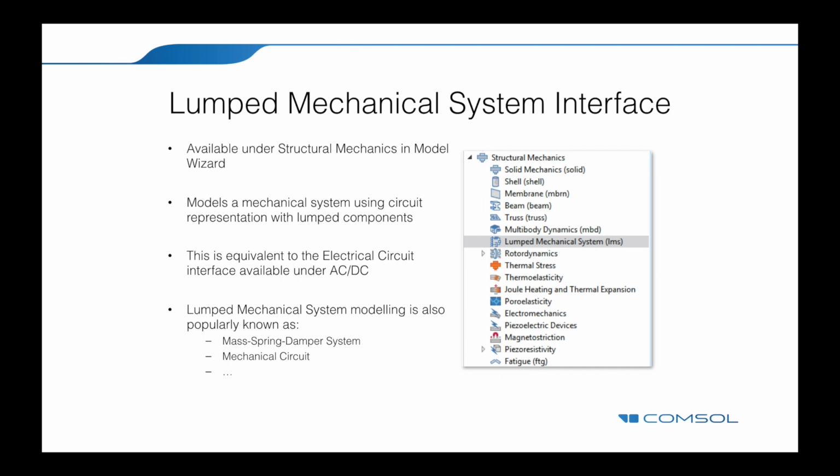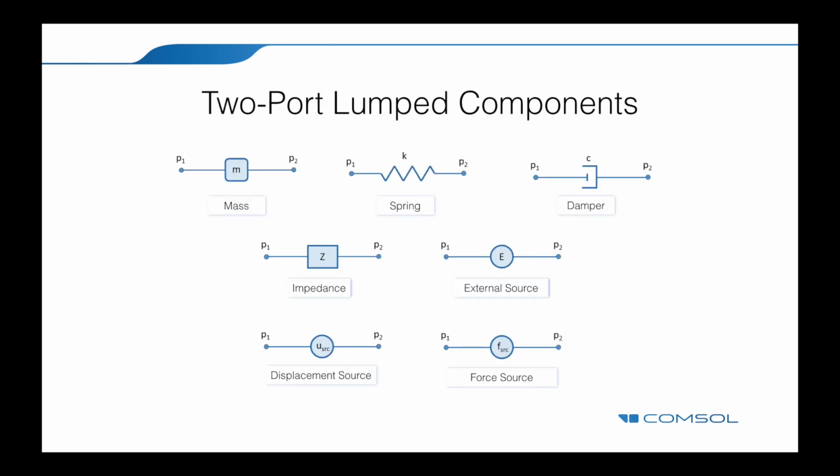There's a new option that's the so-called lumped mechanical system. That's a pretty new thing in COMSOL Multiphysics, and you can set up, like in the AC/DC module an electrical circuit, the same mechanical model with lumped parameters, and of course you can couple this to any other physics like to a multibody dynamics module, and you can set up a suspension system with this lumped mechanical system, and you can connect that to a full multibody, let's say a car simulation.